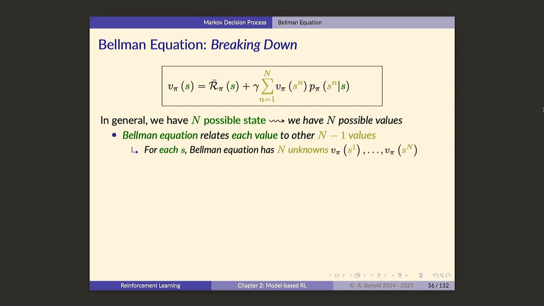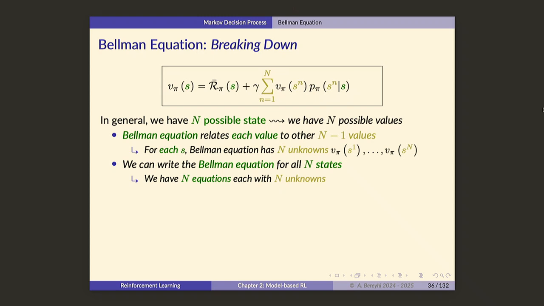So this Bellman equation, if you write it down for every single state, you have n unknowns and also n equations.